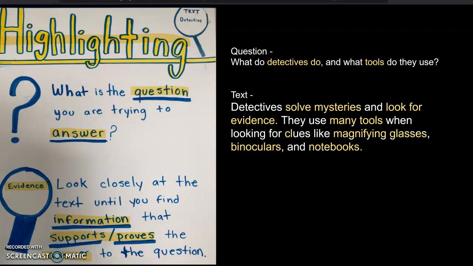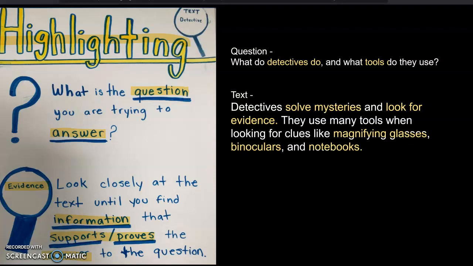They use many tools when looking for clues like magnifying glasses, binoculars, and notebooks. I might not want to highlight many tools because we know what tools they use, and there are lots of them. So highlighting many tools might not be something that we want to do. Good job, everybody. All right, let's continue.